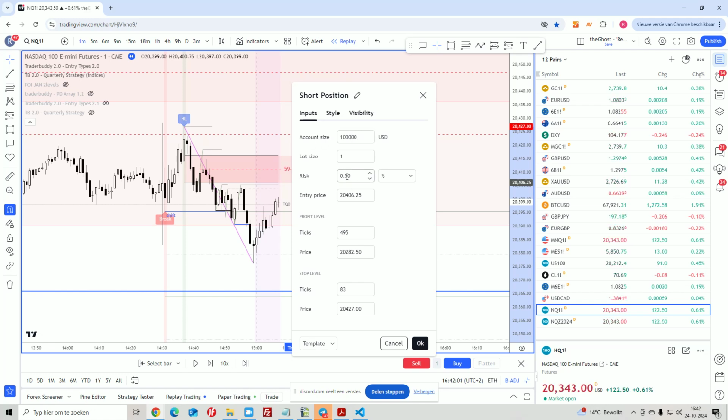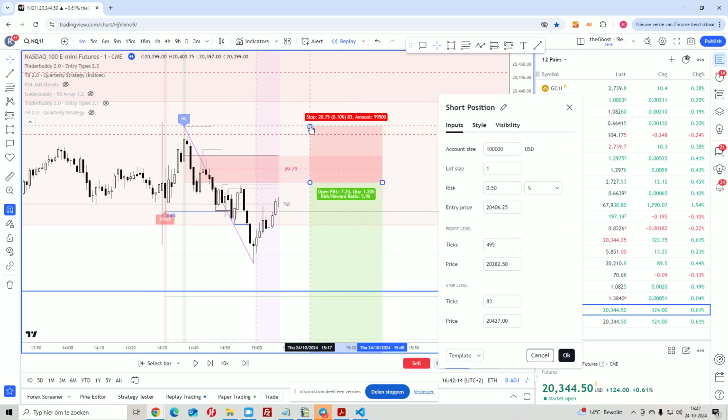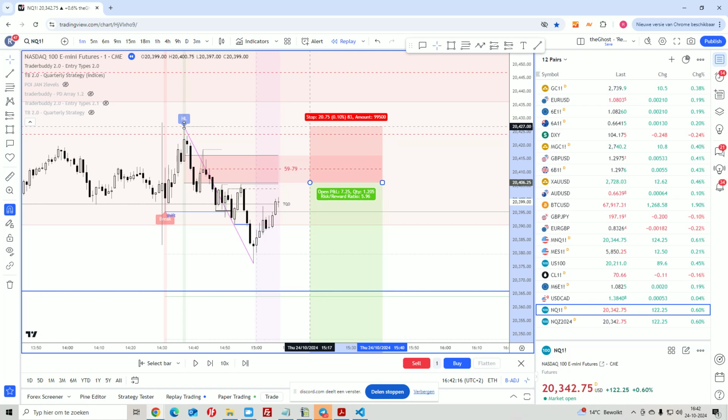Your risk, whatever you want to risk according to a percentage of your account. And then the entry price you have to put on the 59. And then you put your stop loss at the high. Now you can see here quantity 1.205. You can see how much you can trade. So if you round this off, you can trade 1 lot.